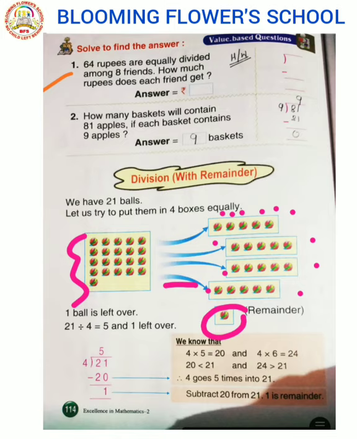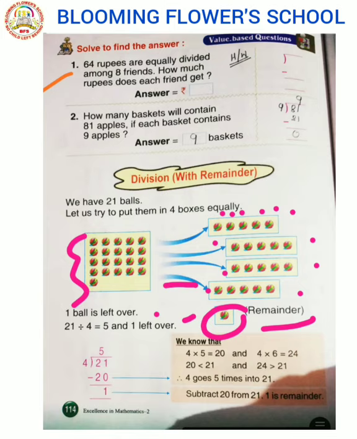This ball is known as the remainder. It means if we want to distribute these balls equally among the boxes, there will be one extra. This extra is known as the remainder. So this one ball is left over.